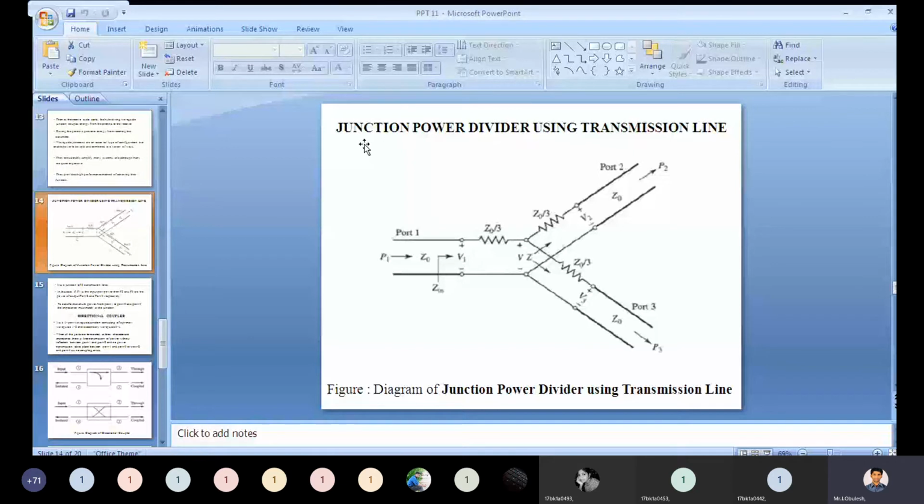The T-junction power divider is a 3-port network. Here we have 3 ports, port 1, port 2, port 3, which can be constructed either from a transmission line or from the waveguide, depending upon the frequency of operation.